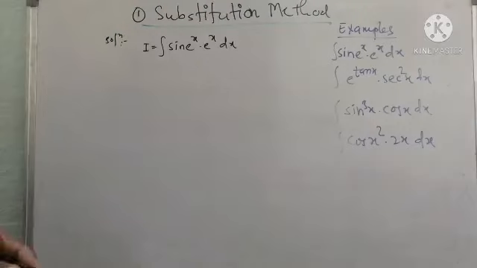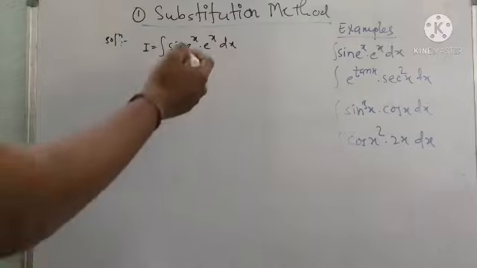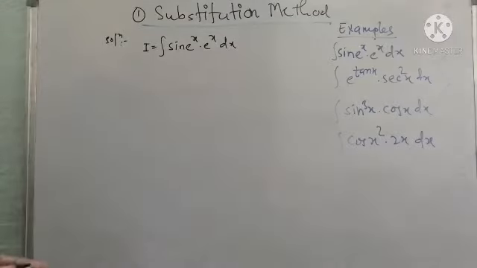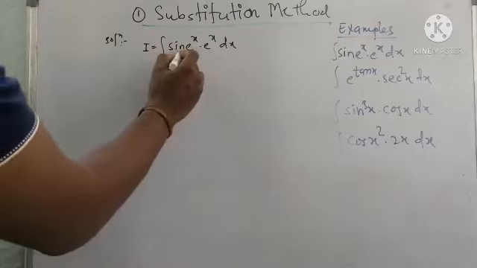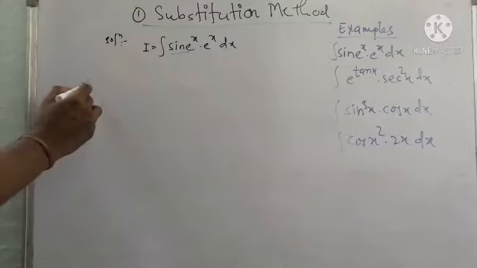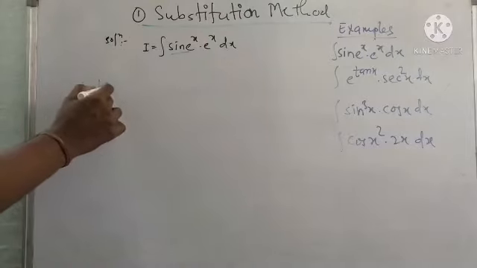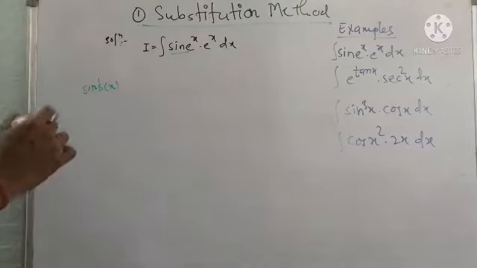Now observe, in the integration we have the term sine of e raised to x into e raised to x dx, while for a composite term in integration we usually use this method. Here sine of e raised to x is a composite term, in the form of sine of f of x, and you know its derivative.